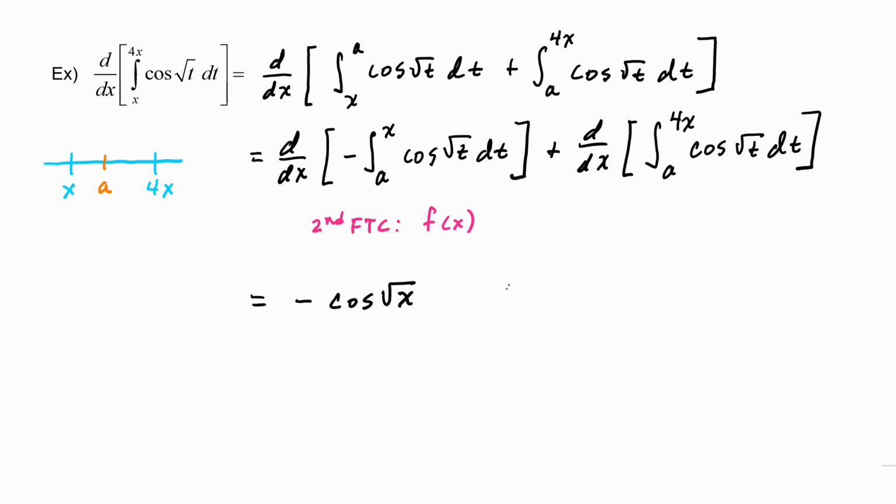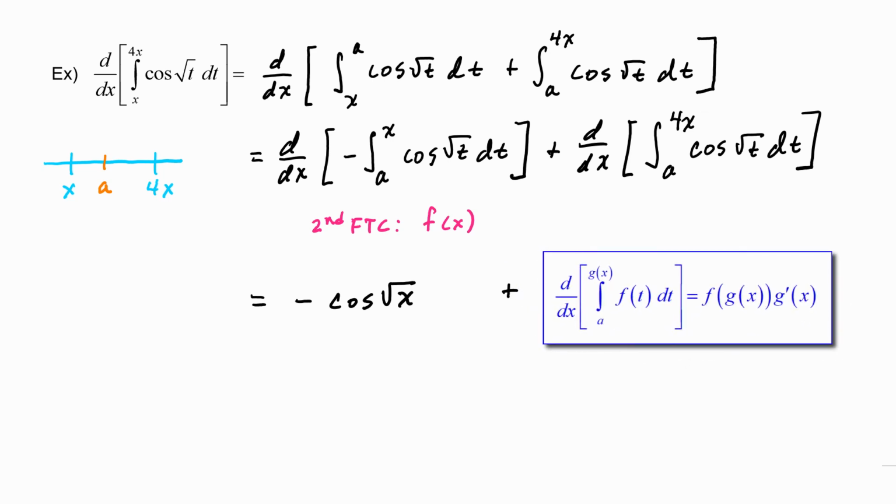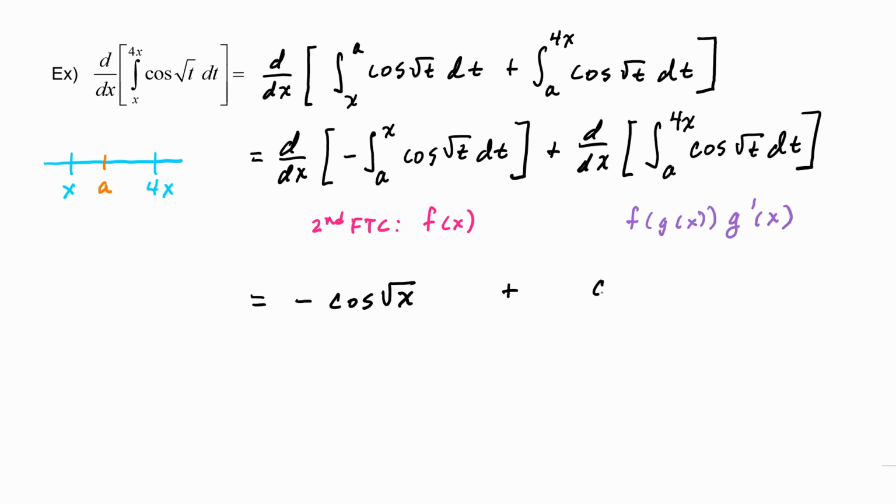We bring down the plus sign, and then for this second one, we have a function up here in the top, so we know we have to apply the more generalized rule, which is going to be f of g of x, g prime of x, and that's going to become cosine of the square root of 4x times 4, because the derivative of 4x is 4.